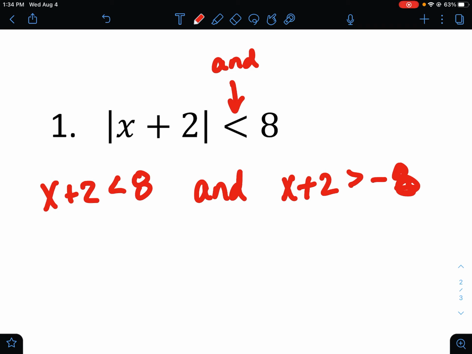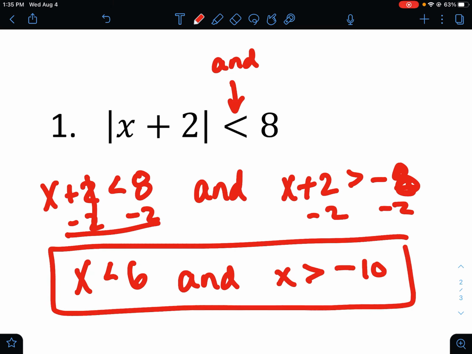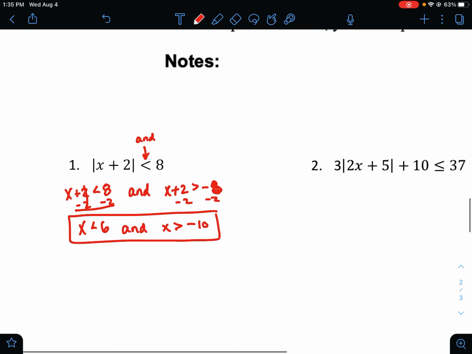Notice how I made a positive version and a negative version. The inequality sign stays the same, but when I do the other one, the inequality sign as well as the sign are opposite. This is now greater than. And then you go ahead and solve it just like you would any other inequality or equation. So I subtract 2. X is less than 6. And x, when I subtract 2 over here, x is greater than negative 10. And that would be your answer.